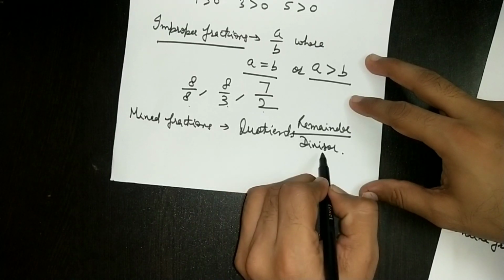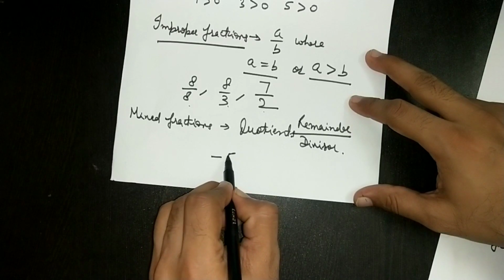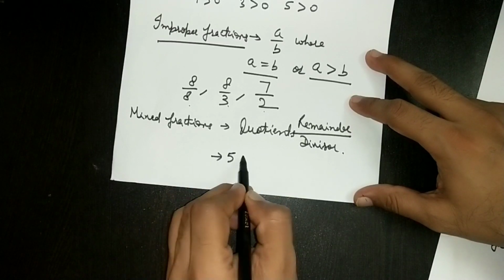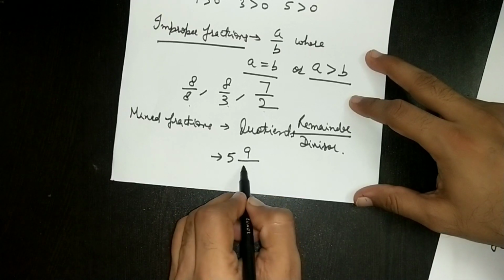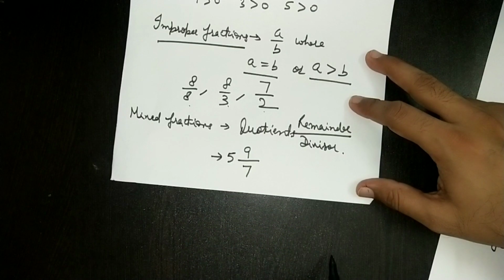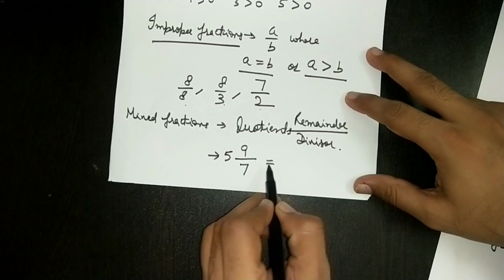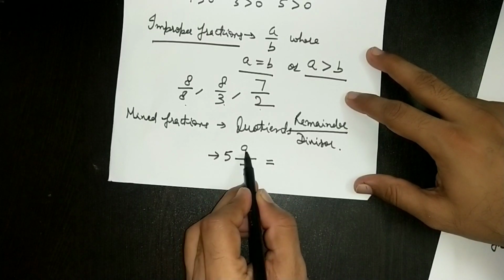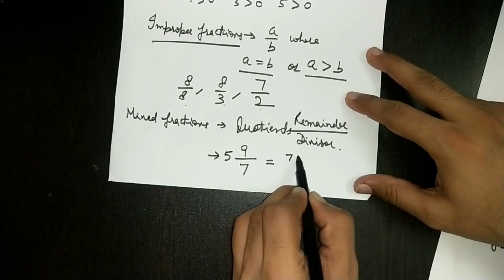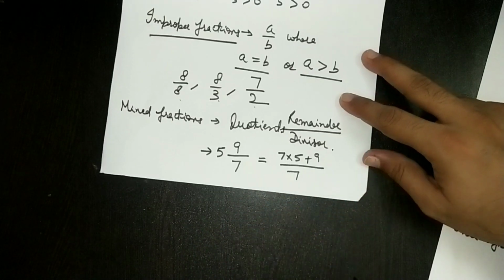If we take one example like 5 and 9 by 7, how will you solve this mixed fraction? 7 into 5 plus 9, divided by 7.